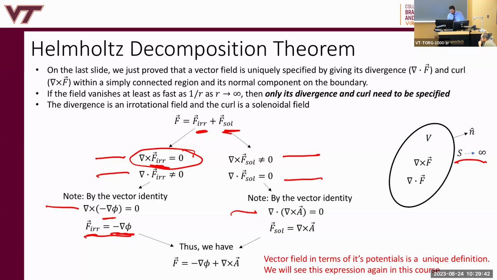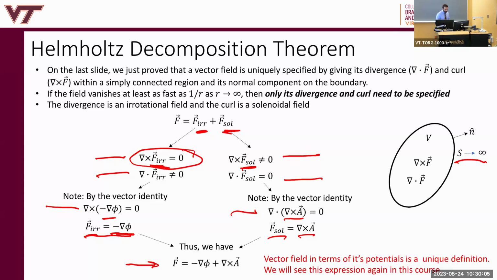Over here, I use a different vector identity: the divergence of the curl of any vector field is 0. And that is the solenoidal part. So the curl of A could be the solenoidal, for some vector field A. If you put these two together, you get a vector field which is defined in terms of its potentials. We're going to see this later in the course.